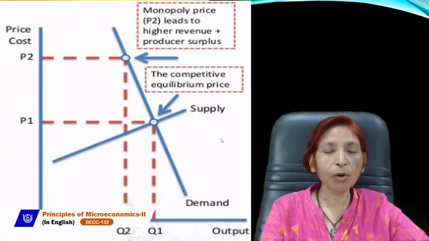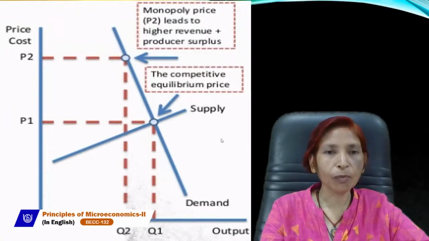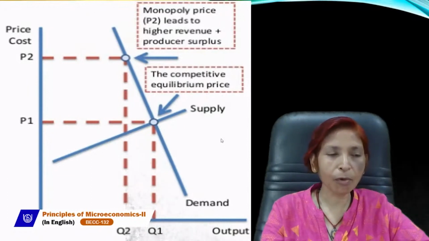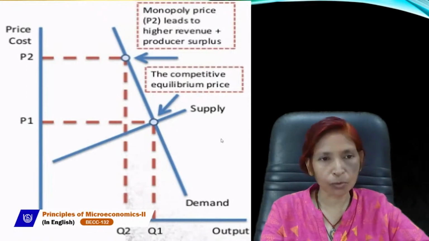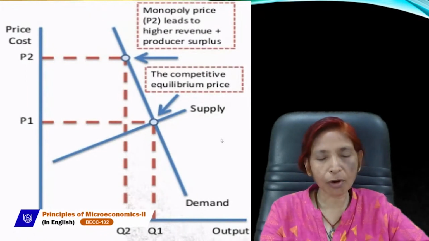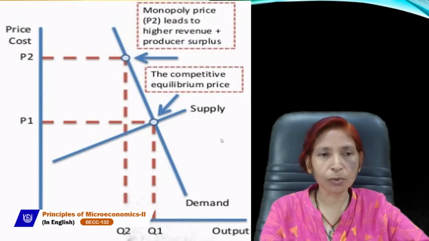But a monopoly firm wants to earn maximum profit, so the monopoly will increase the price level from OP1 to OP2. At this price, quantity will fall from OQ1 to OQ2.